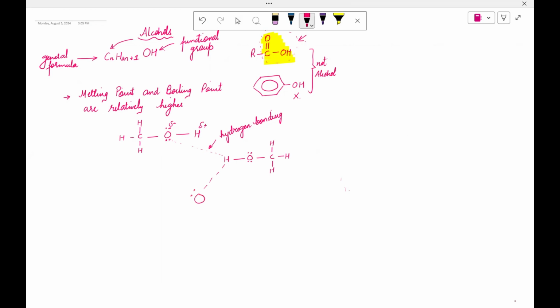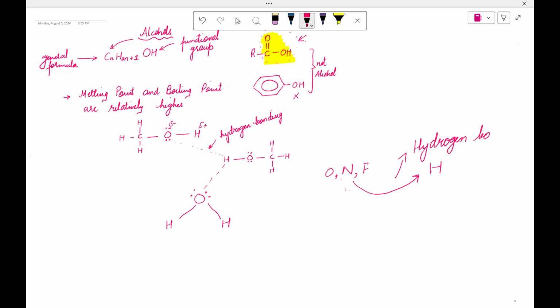This is a water molecule, and we know that in a water molecule, oxygen has a lone pair. In hydrogen bonding, the force of attraction is developed between the atom having the lone pair, that is either oxygen, nitrogen, or fluorine, and hydrogen. That represents hydrogen bonding.